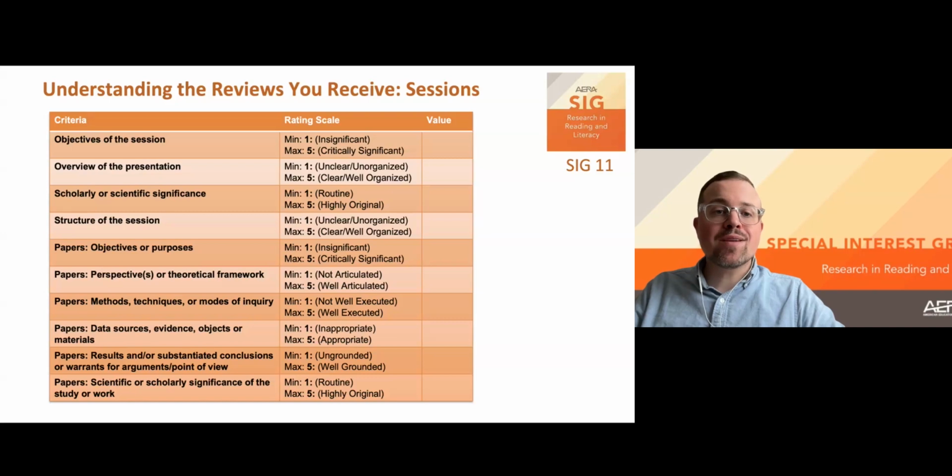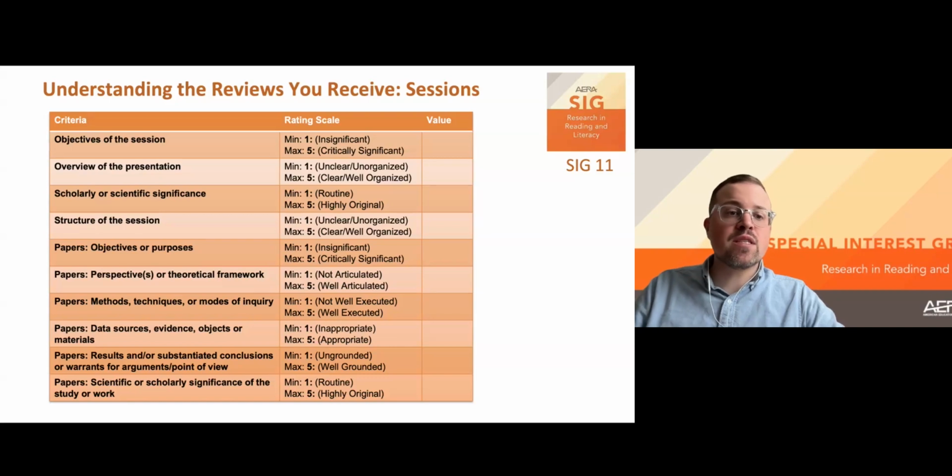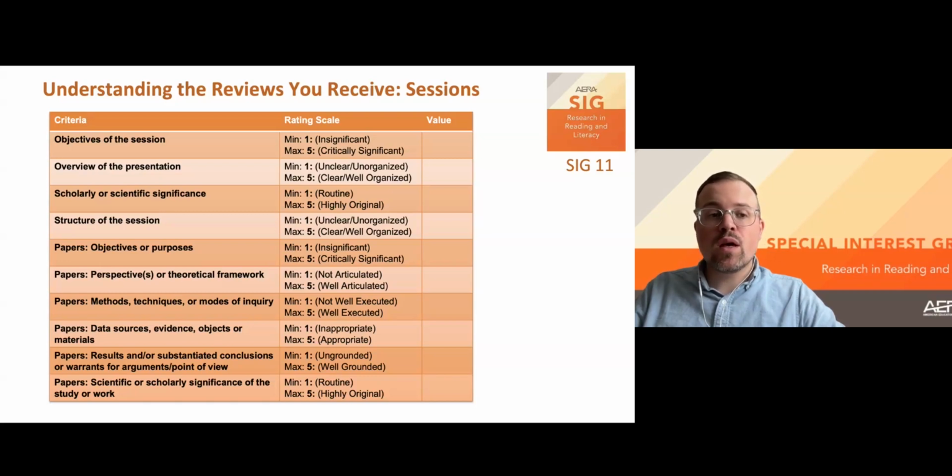So, the papers collectively as a whole will be rated in terms of their objectives or purposes, perspectives or theoretical framework, methods, techniques, or modes of inquiry, data sources, evidence, objects, or materials, results and/or substantiated conclusions or warrants for arguments, points of view, and the scientific or scholarly significance of the study or work.